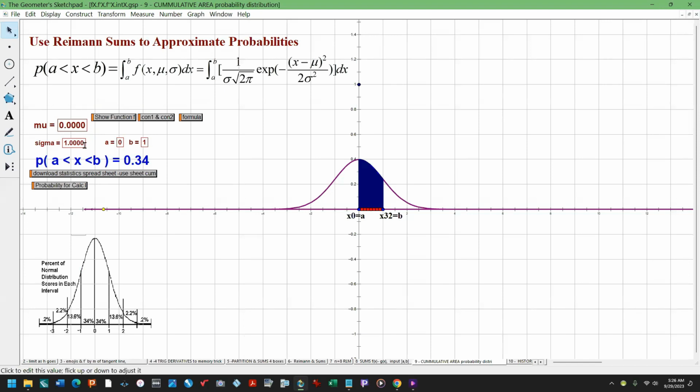I can change sigma, A, and B. Sigma meaning the unit value. So for diversity, let's make mu the middle. Let's move that over to 4.